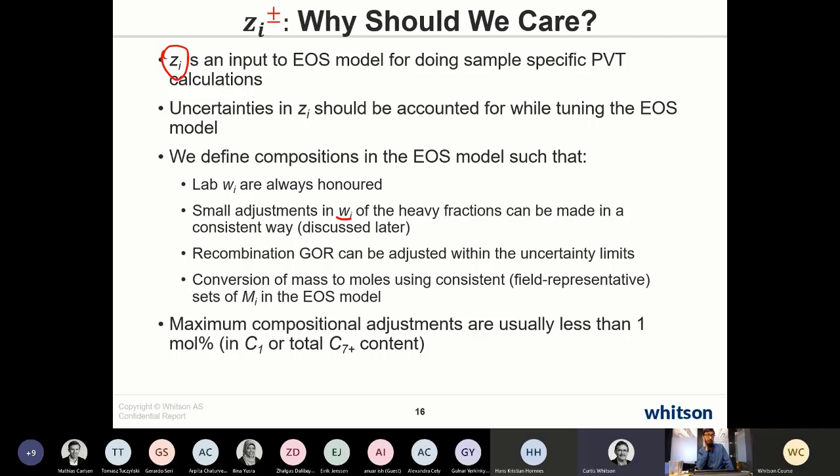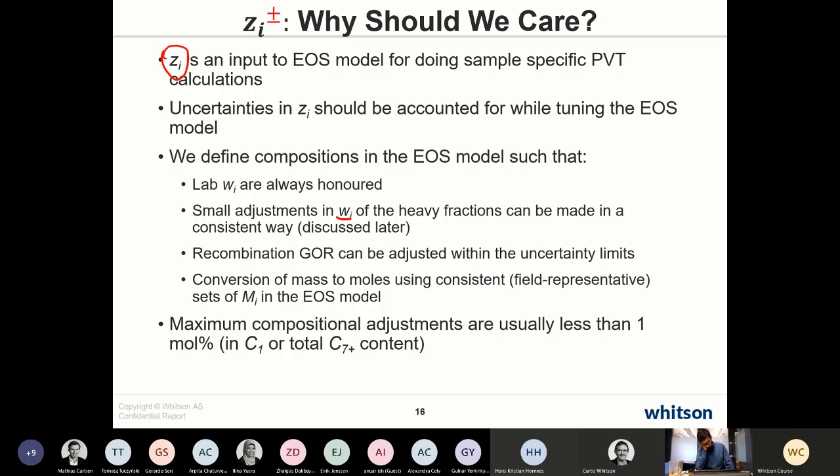And the compositional uncertainty in that program was reflecting only one of the uncertainties in laboratory data. And that was the molecular weight of the C7 plus, which was known to have a fairly large uncertainty, plus or minus, in the best case 3%, and in the worst case 10, sometimes 15%.